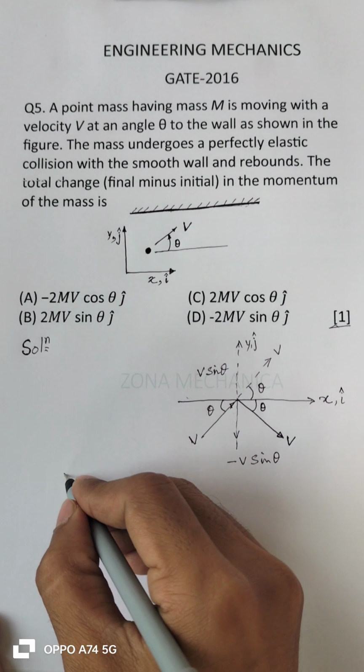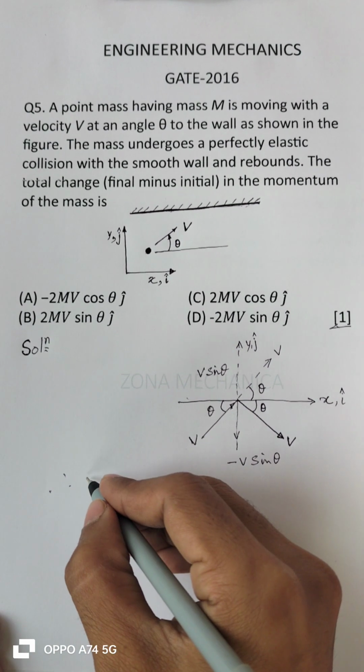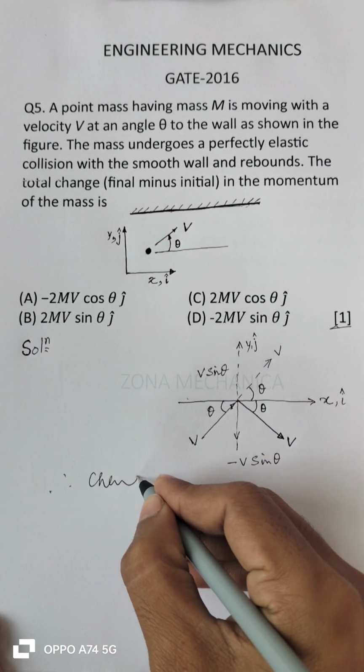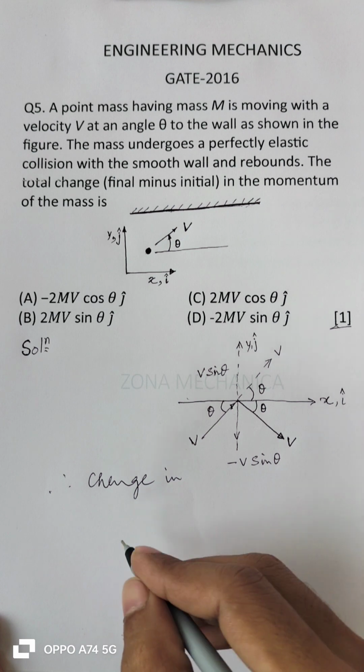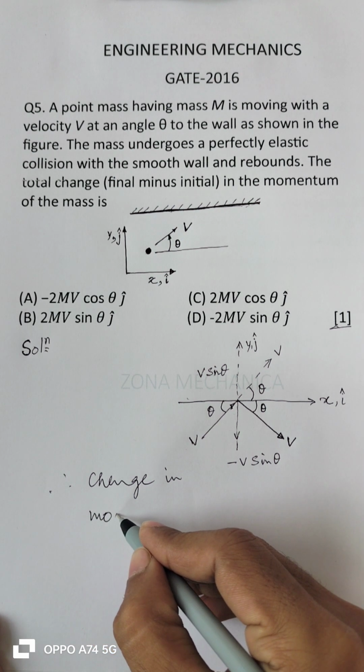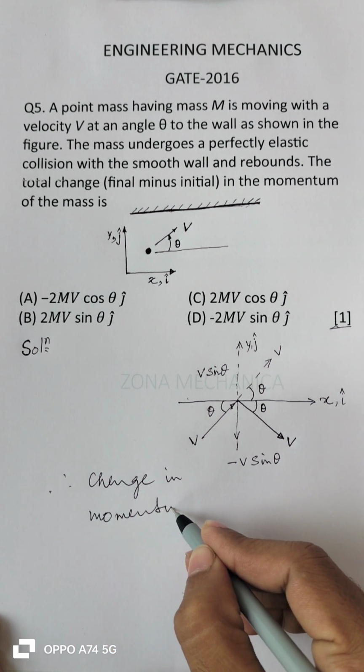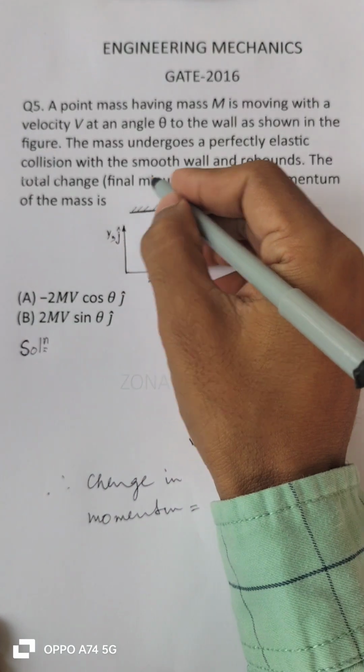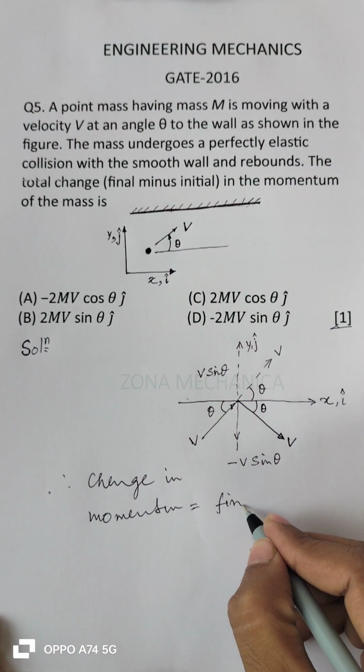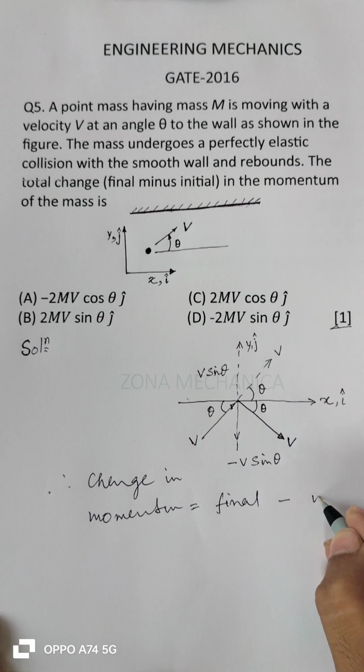So therefore the total change in momentum, they told that final minus initial momentum.